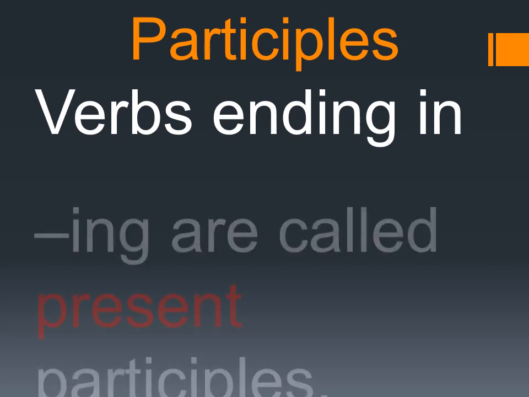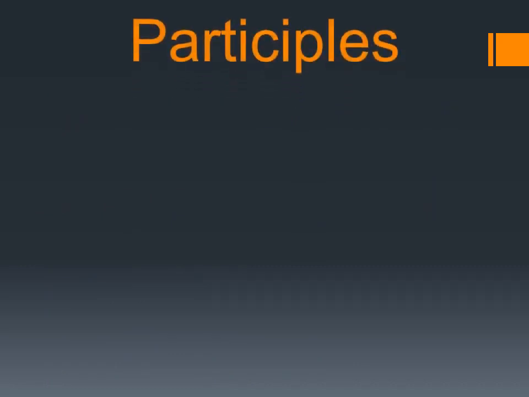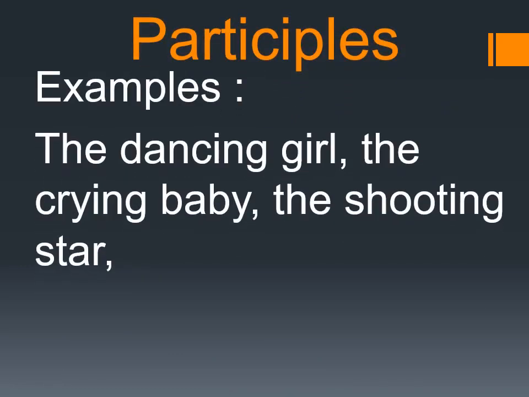Verbs ending in ing, meaning the ing form of the verb, are called present participles. For example, reading, smoking, and swimming. There are n number of verbs, watching, looking, which can be used as verbs and which are used as describing words. For example, the dancing girl, the girl who is dancing. So here we are talking about the dancing girl.